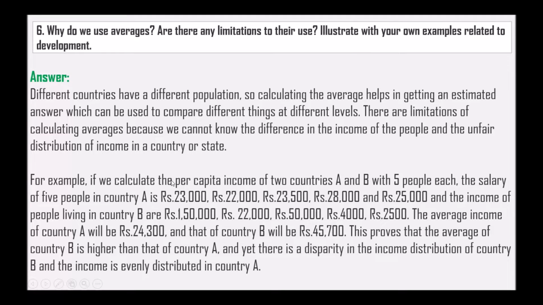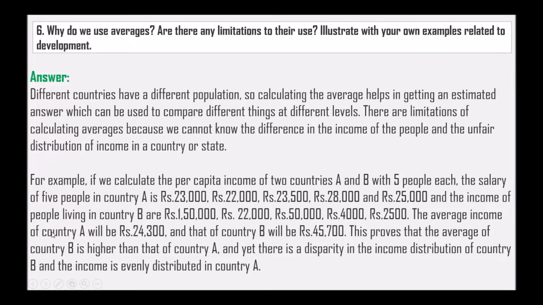For example, if we calculate the per capita income of 2 countries A and B with 5 people each, the salaries of the 5 people in country A are rupees 23,000, rupees 22,000, rupees 23,500, rupees 28,000 and rupees 25,000, and the incomes of the people living in country B are rupees 1,50,000, rupees 22,000, rupees 50,000, rupees 4,000, rupees 2,500.